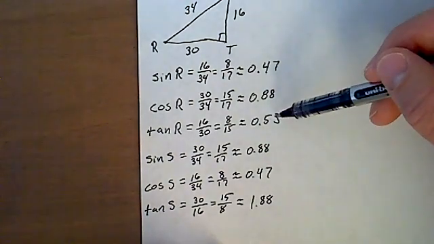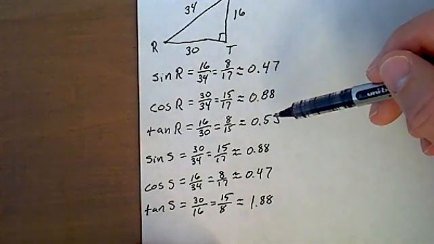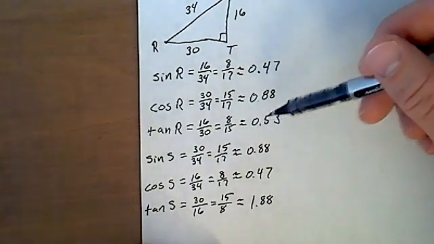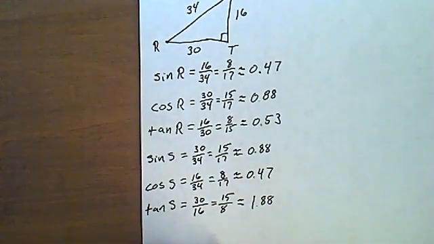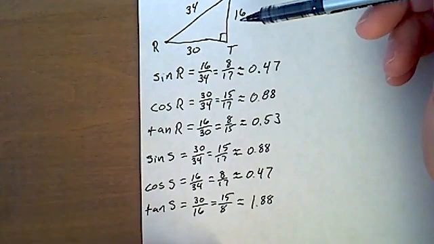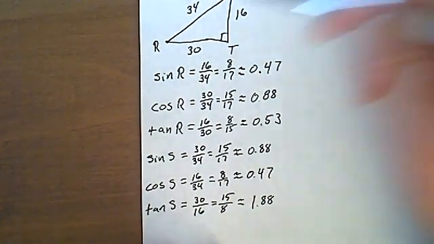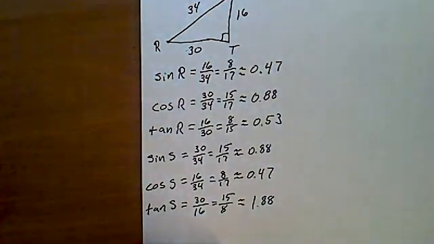For the tangent, one of them will always be 1 or less, one of them will always be 1 or greater. Another thing for now, the ratio here will always be positive because we're looking at sides of a triangle, and the sides of a triangle are always positive.